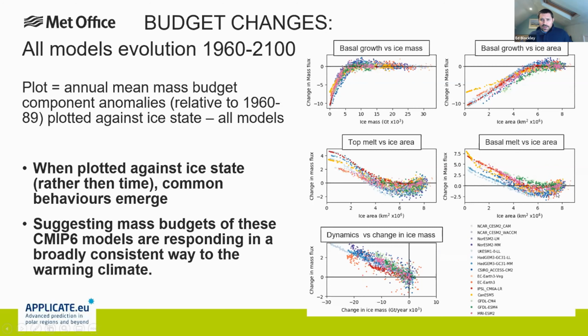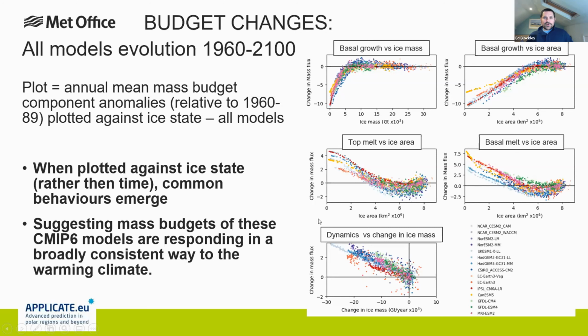And likewise, for ice area in the present day, which is on the right here, we're getting a lot more melting. But the basal growth is very similar. But then as the ice declines, the melting is no longer what's removing the ice, it's the lack of basal growth.